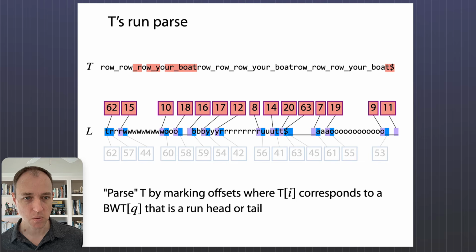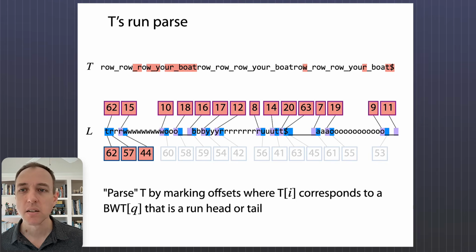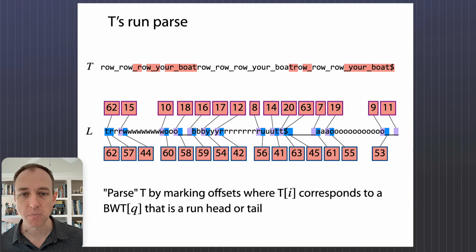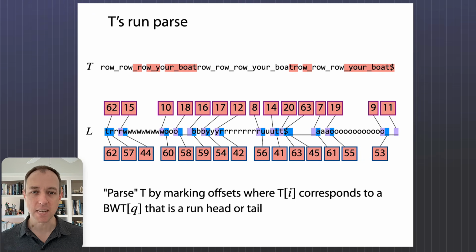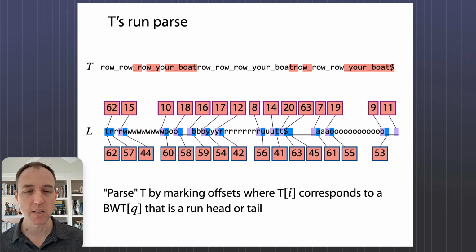And we're not done because we'll do the same thing for the run tails as well. So let's mark some more according to whether they are run tails. So we just marked, well, I guess we'd already marked that first T, but we marked an R and a W, and now boom, we mark every run head or tail. We mark the letter in T that corresponds to that run head or tail, that got permuted to that run head or tail.